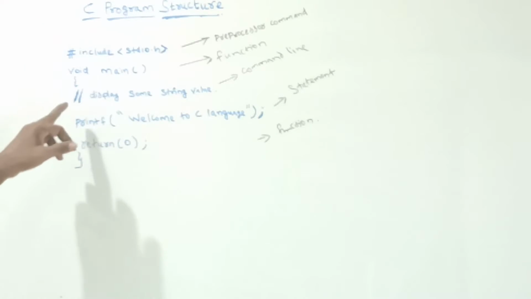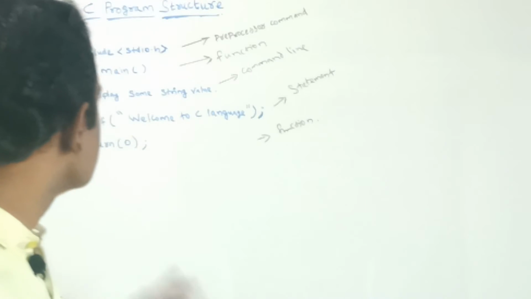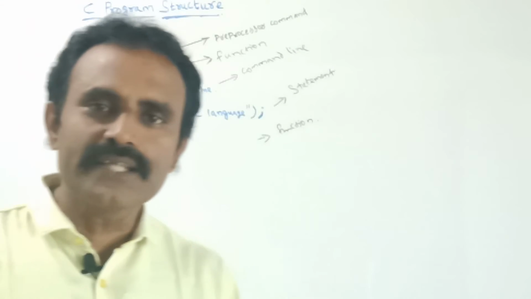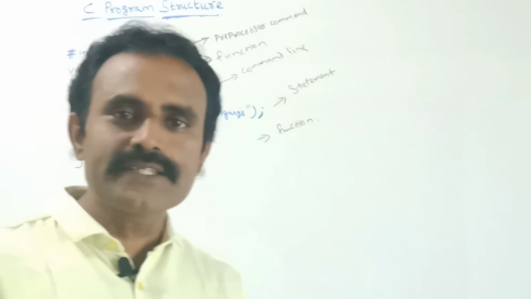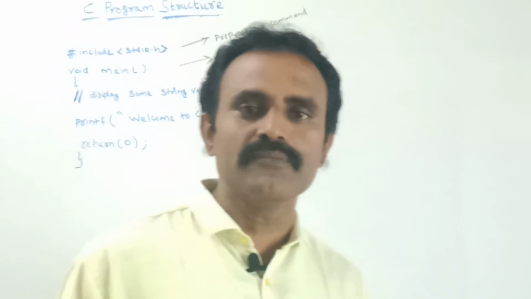Next one, the comment line. While executing the program, this comment line is ignored by the compiler because it is written for us, to describe what we are going to do in the program.